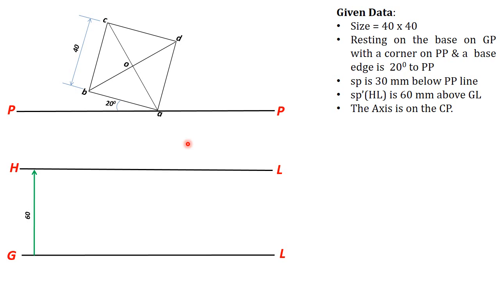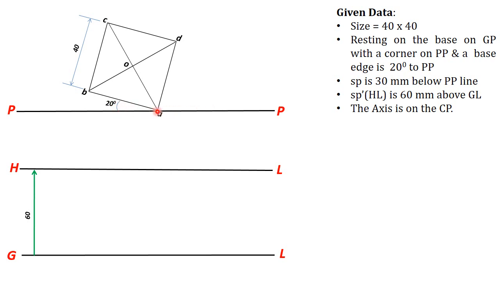In top view you can see the true shape of the base. It is given that one base corner is on PP, so I have marked a point here on PP. Then one base edge is inclined 20 degrees to the PP line.